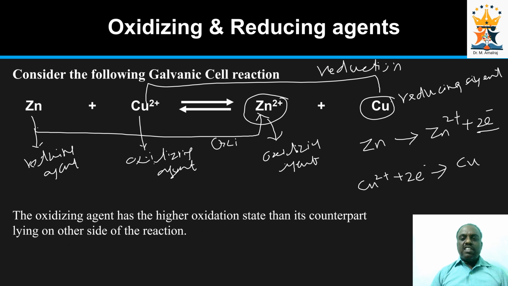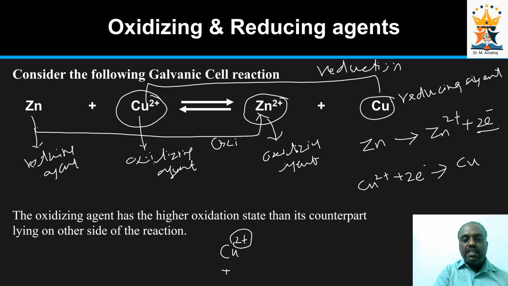By definition, you can see that the oxidizing agent has the higher oxidation state than its counterpart lying on the other side of the reaction. In the forward reaction, copper 2 plus is the oxidizing agent, which has the higher oxidation state. That is, the oxidation state of copper 2 plus is plus 2, and on the other side you find only copper, which has the oxidation state of 0.